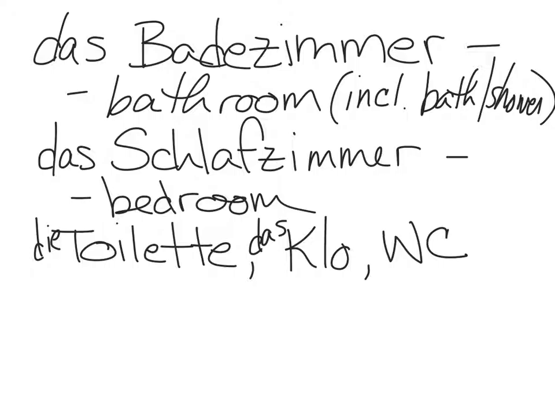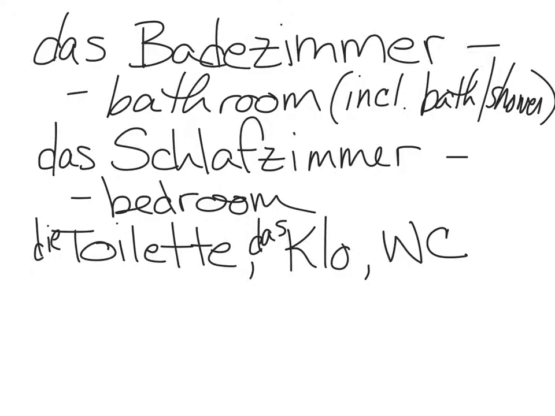WC. Stands for water closet. This is especially common in like trains and that kind of a situation. So you'll regularly see that. And so it won't say like Toilette or Klo necessarily. WC is most common. I don't even know what the article is, to be honest with you, because I never use it. These all mean toilet? Yeah. They're all the words for like a bathroom that does not have a tub or shower in it.